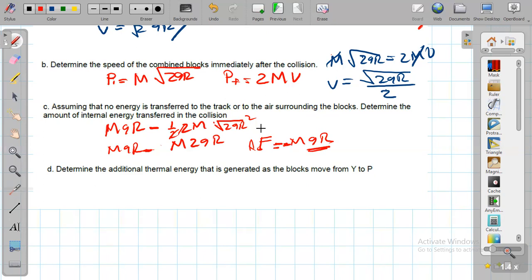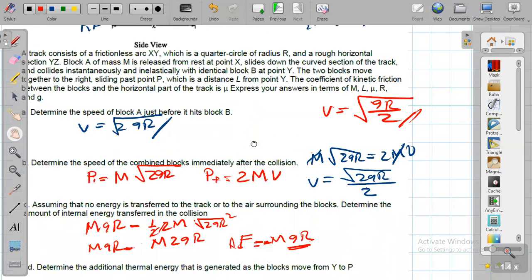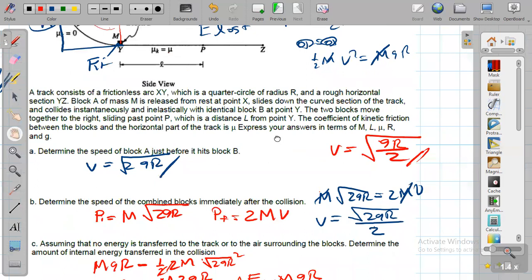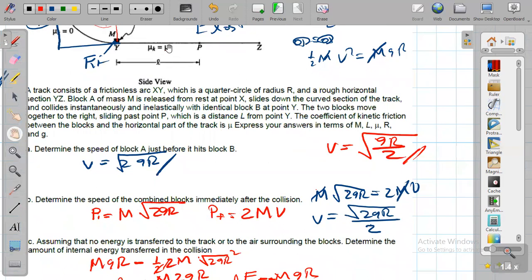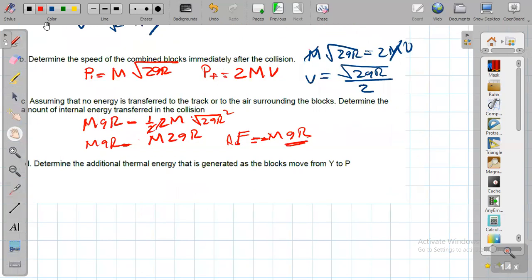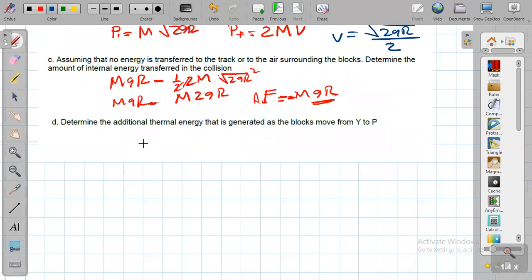Determine the additional thermal energy generated by the block moving from Y to P. Thermal energy, Y to P. Right. What can we do? So for the additional thermal energy, what is the energy we had?